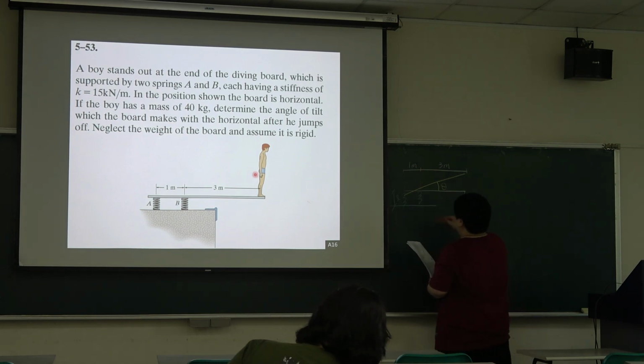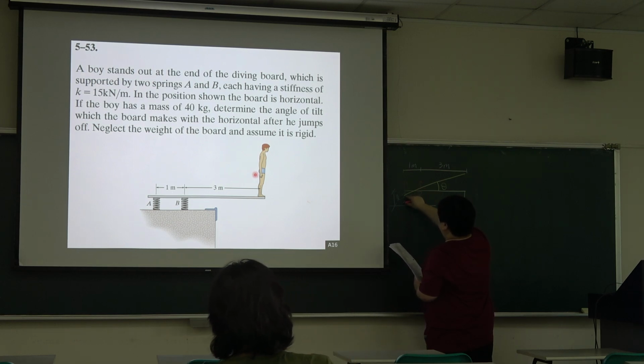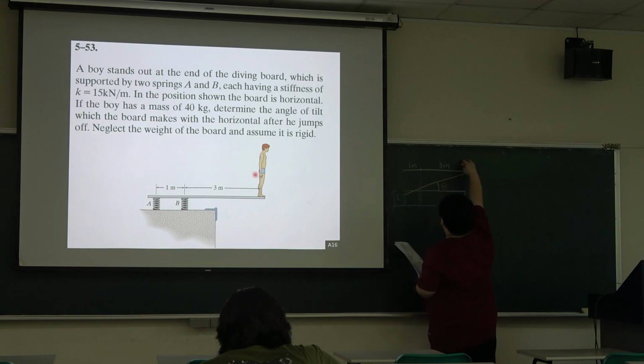Okay, so you can see the spring length, I think maybe it's 10, and at point A the spring may be in compression. If the boy stands here, the spring A is 10.